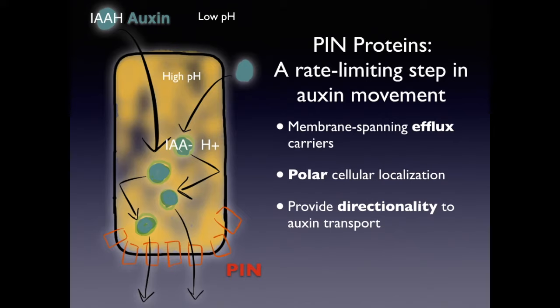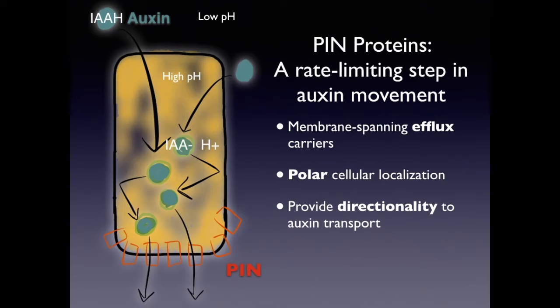Okay, so it can easily get in, it can't get out. That means that efflux is a rate-limiting step in the movement through the plant. And I'll introduce you to the protein that I'm going to be talking about today. These are the PIN proteins. PIN proteins are membrane-spanning efflux carriers, and they tend to have a polar distribution in a lot of different cell types.